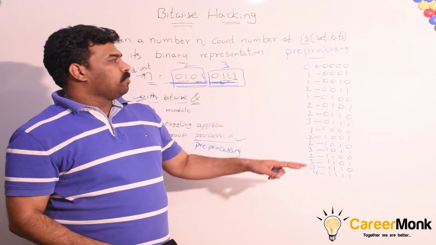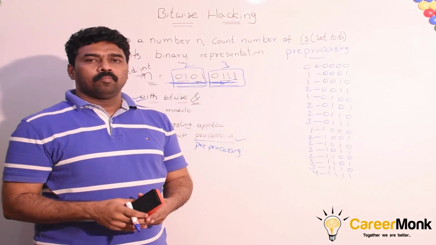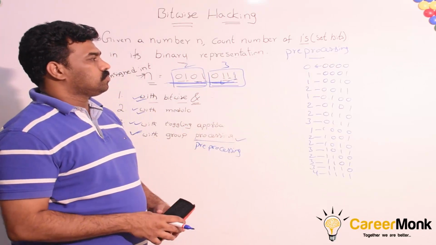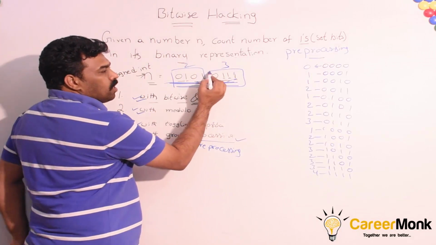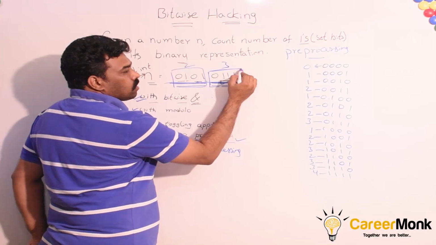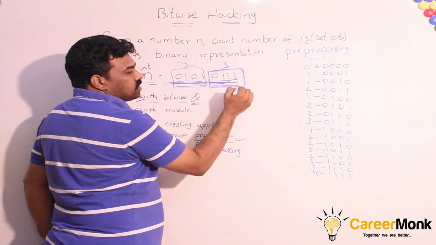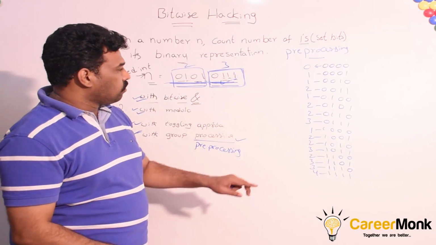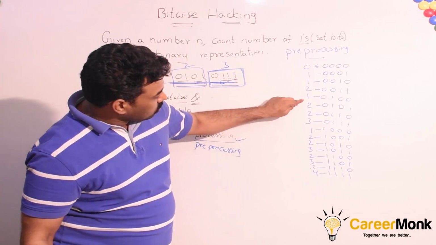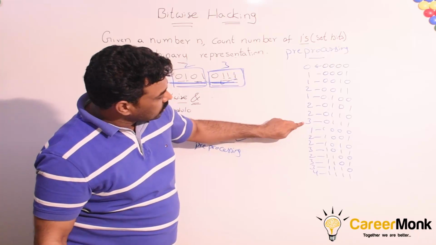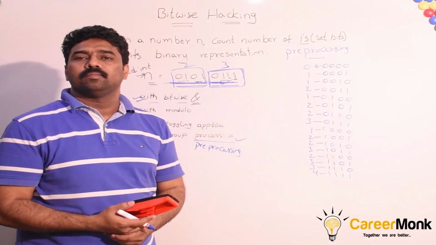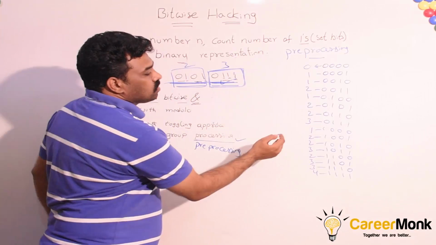As I said, we are pre-processing all possibilities of the 4 bits and putting them into a table. By looking at the input, we consider 4 bits, and for those 4 bits, we directly go to the table. Since the value is 7, we go to 7 and see how many bits are set. We see we have 3.